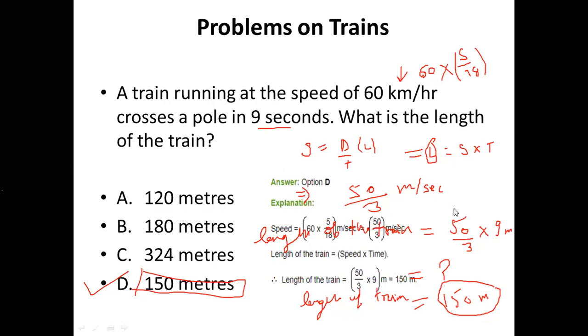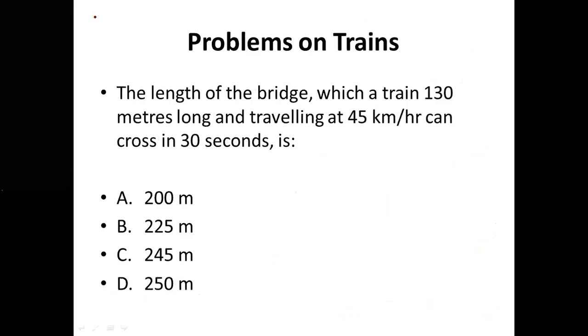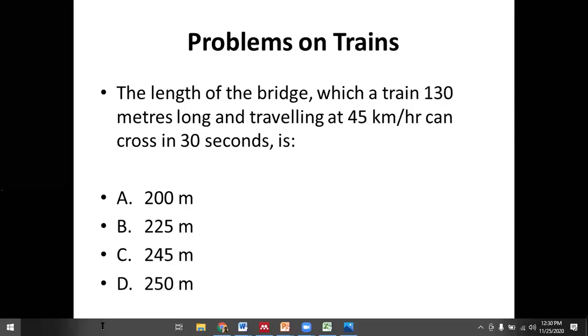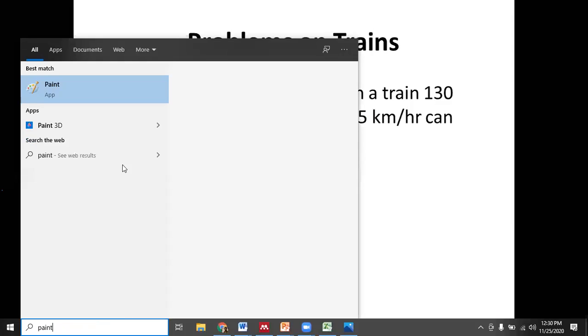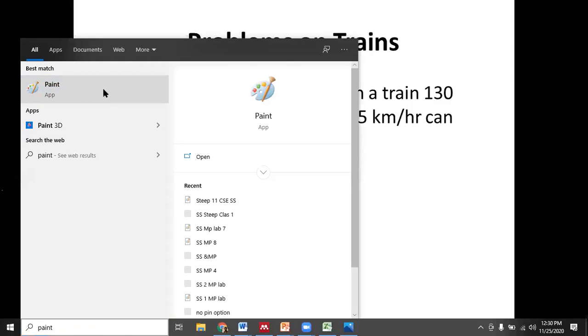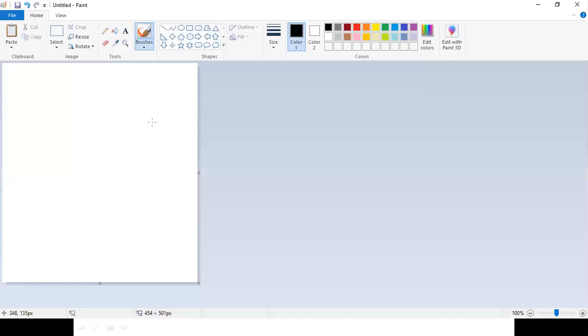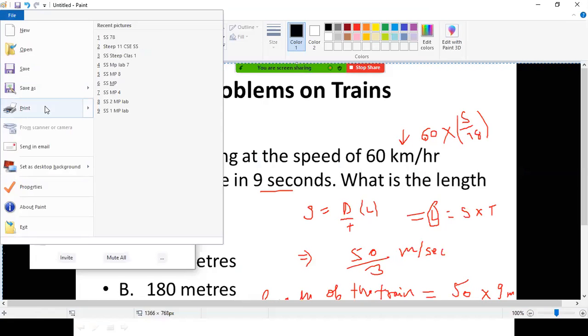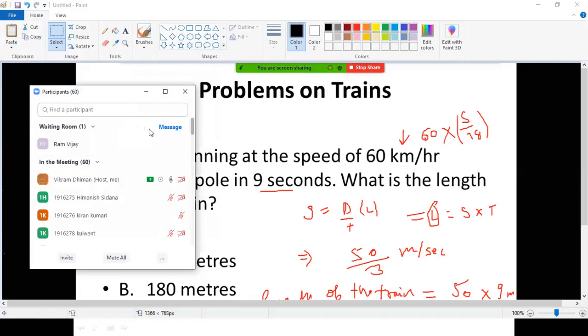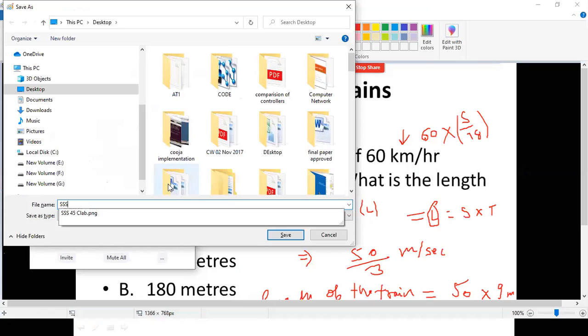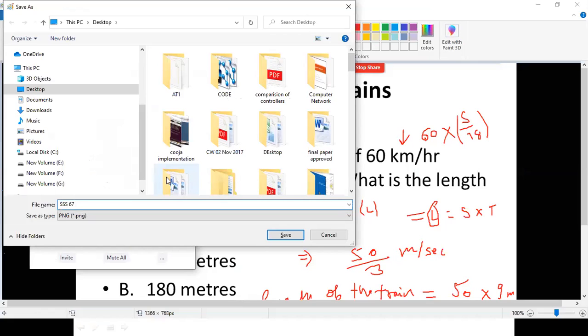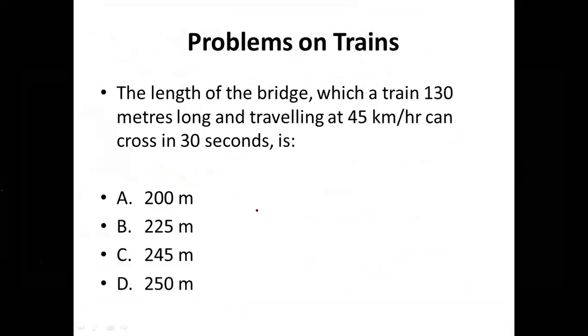Just read the line. Yes, anyone? Kulwant, read the problem. Read this problem. Yes, anyone else?